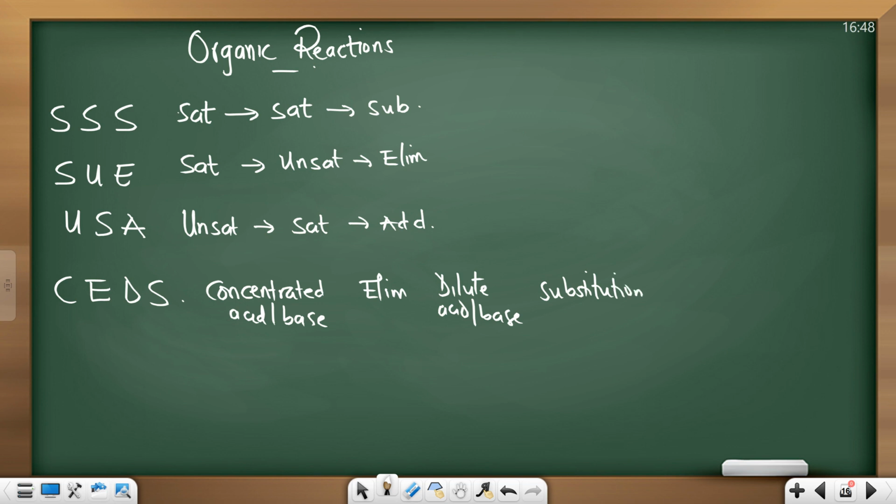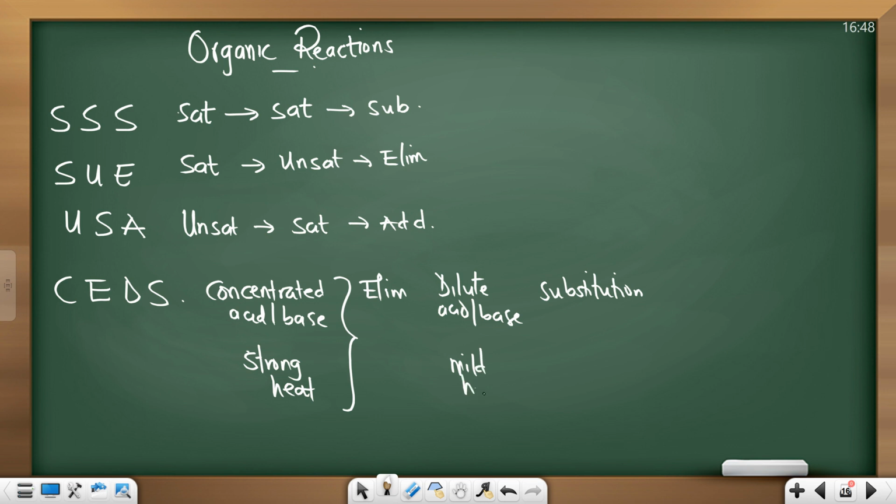Substitution. And every time I eliminate, you must know that for dilute, I am using mild heat. And for elimination, I am using what? Strong heat. Strong heat for elimination and mild heat for substitution.